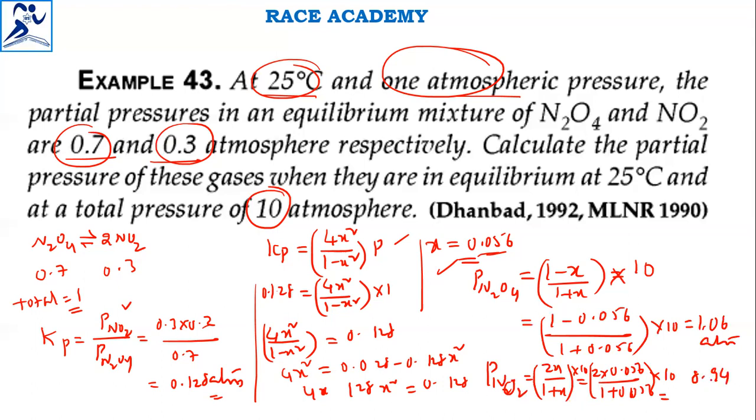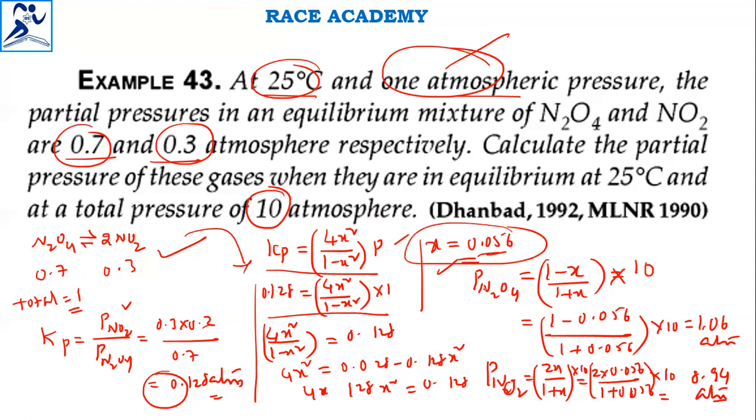So that value I am getting 8.94 atm. So here first we have taken the equation and from that we got the Kp value, and the Kp expression for the N2O4 decomposition we wrote, and taking 1 atmosphere total pressure, substituting this and finding the x value, the degree of dissociation.